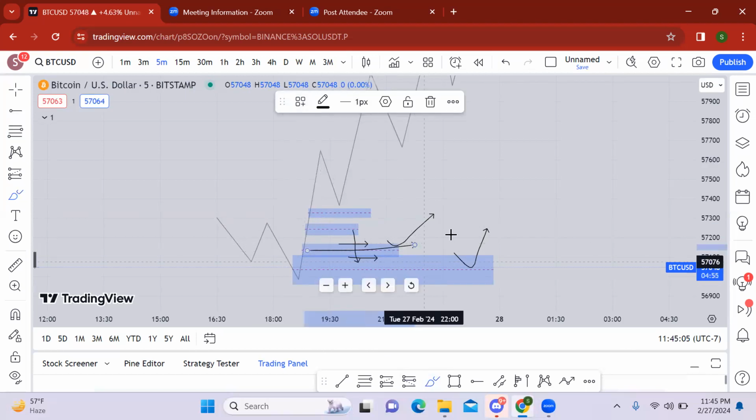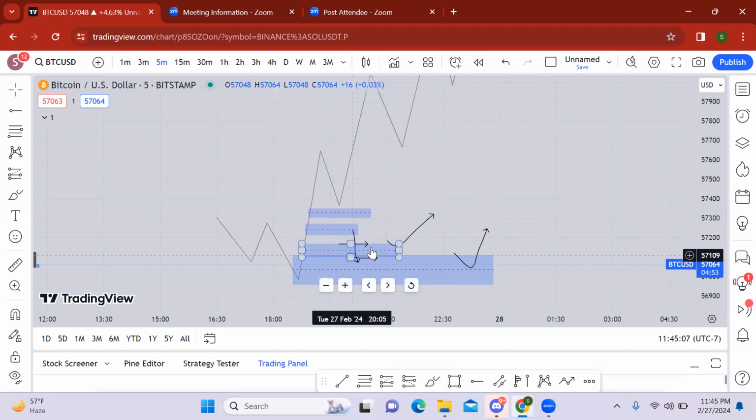It is partially filled. So these areas might tag again, because the orders are still here and not all orders were picked, so they will try to force the market back down to these levels to get an entry again.